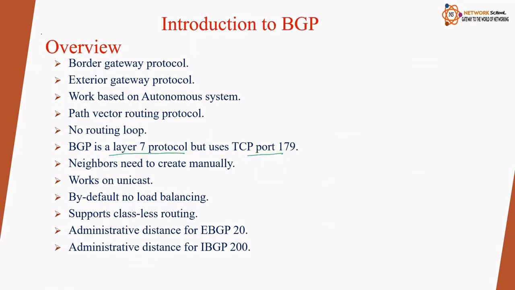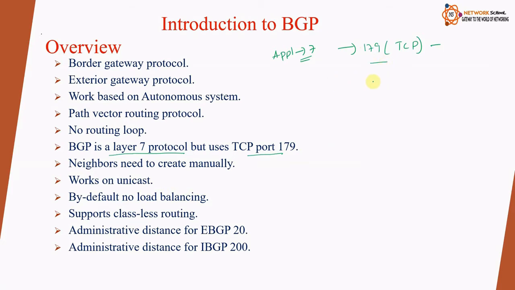BGP is one of the protocols which always works in the application layer, which is layer 7, but it uses port 179, which is a TCP port from layer 4. It means BGP uses the port number 179 to establish a communication.